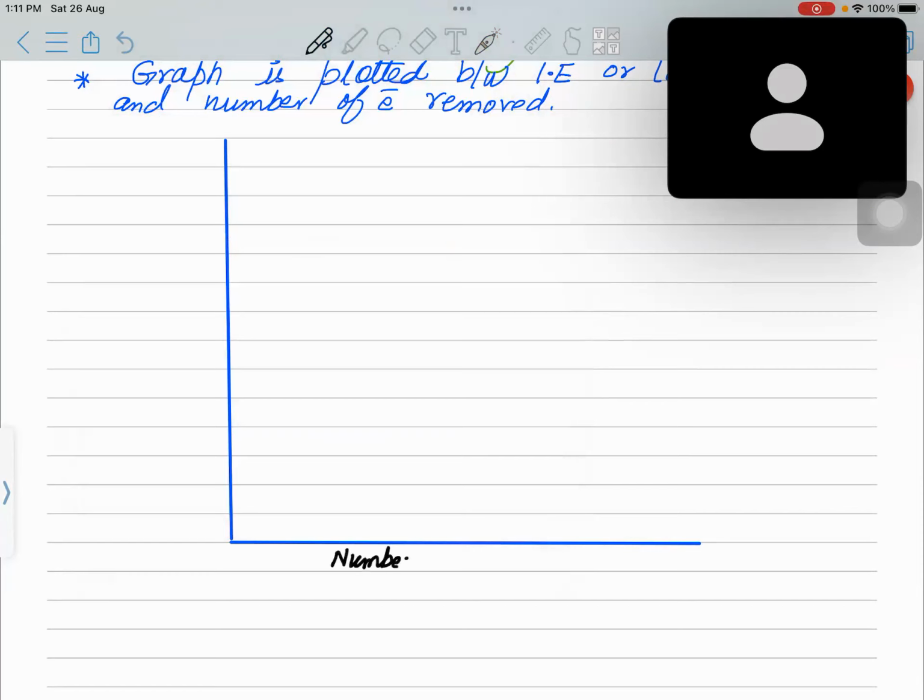Here you have the number of electrons removed, and on the x-axis you have ionization energy, or log ionization energy, or ln ionization energy.